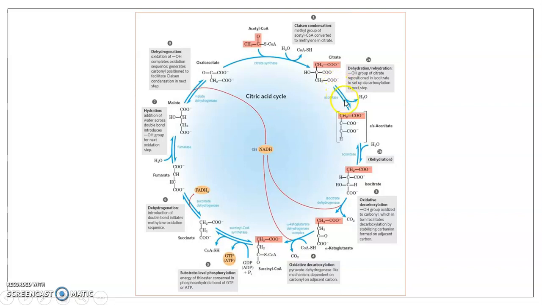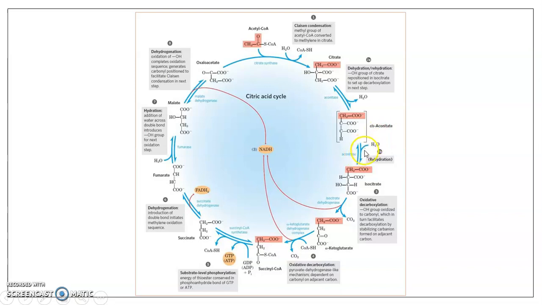Here you can see it undergoes dehydration, water is released, so it produces cis-aconitic acid. Citric acid loses one molecule of water, resulting in the formation of cis-aconitic acid, and this cis-aconitic acid undergoes stereospecific hydration, water is added.